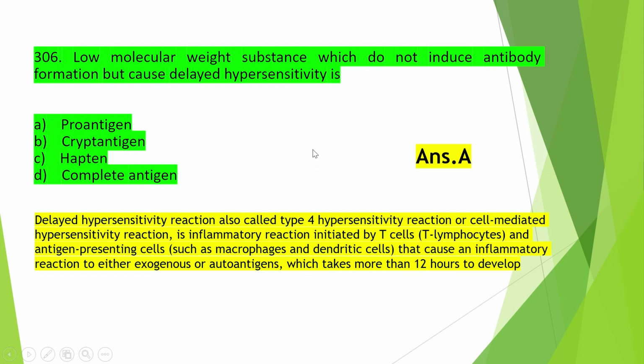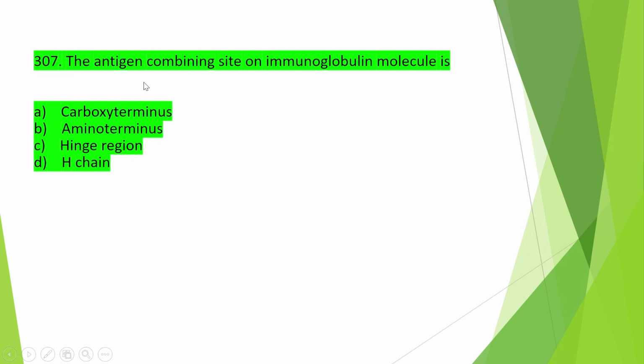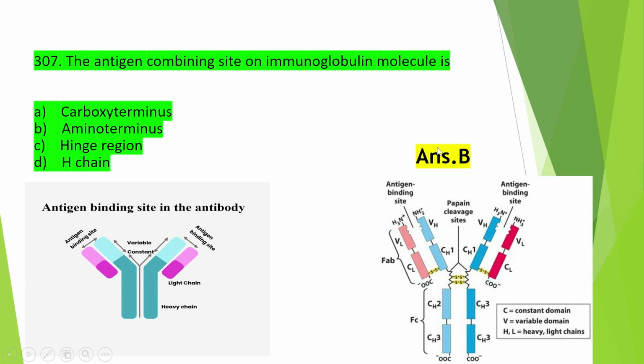The next question is, the antigen combining site on the immunoglobulin molecule is carboxy terminus, amino terminus, hinge region or H region. The right one is option B, the amino terminus.